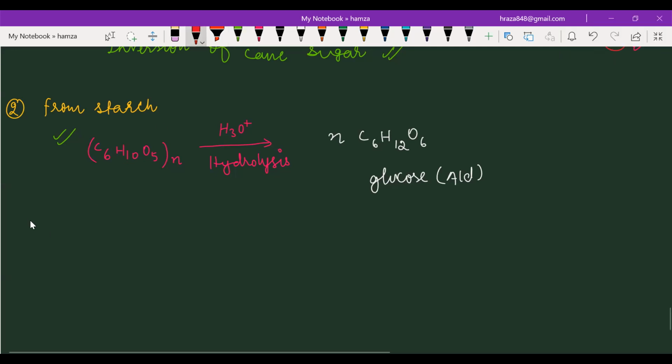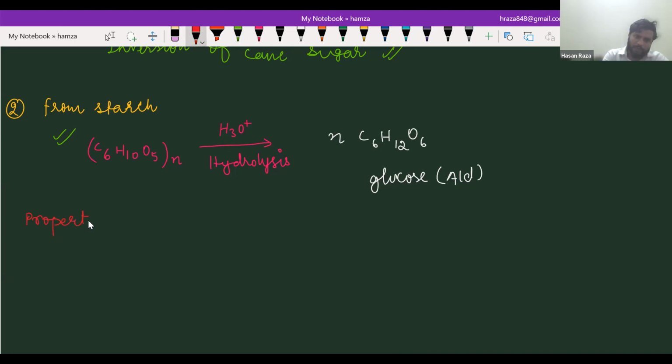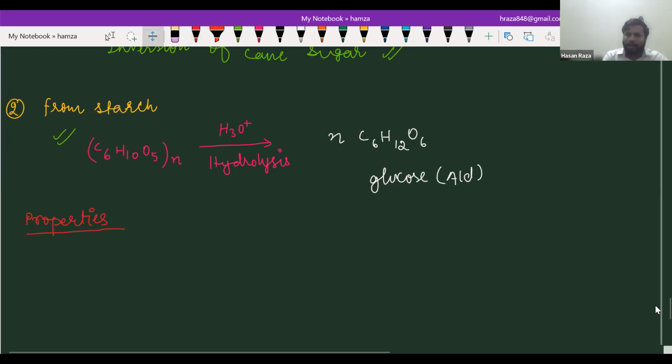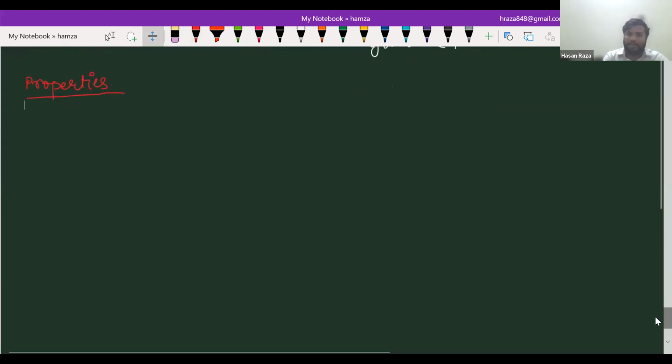Finish. Okay. Now we are going to learn about the properties, basically the properties of glucose. Since we just learned the methods of preparation of glucose, now we are going to learn about the properties.